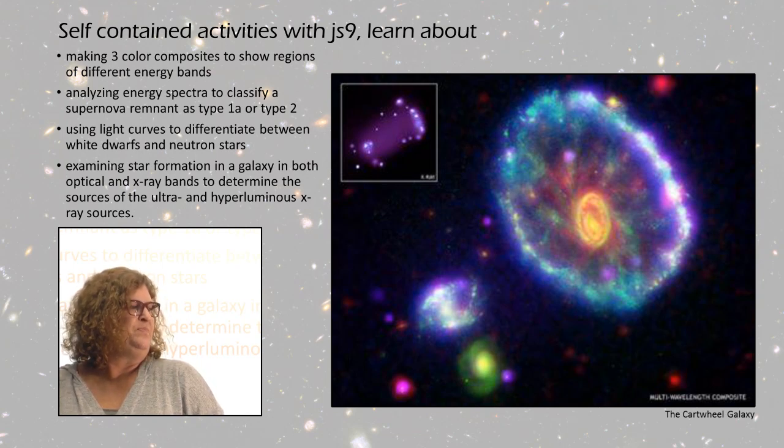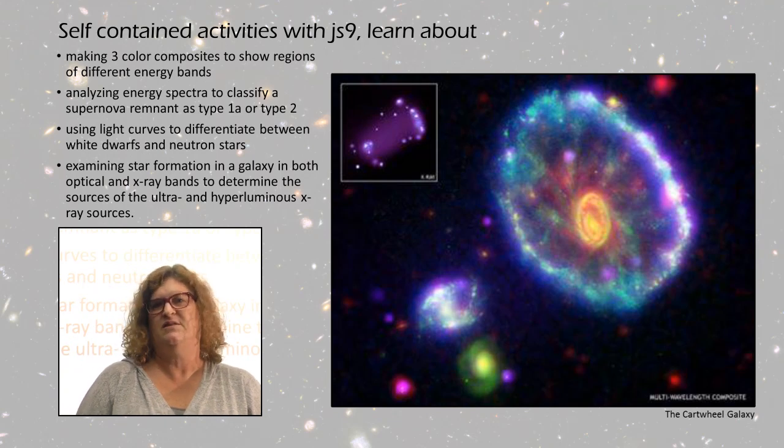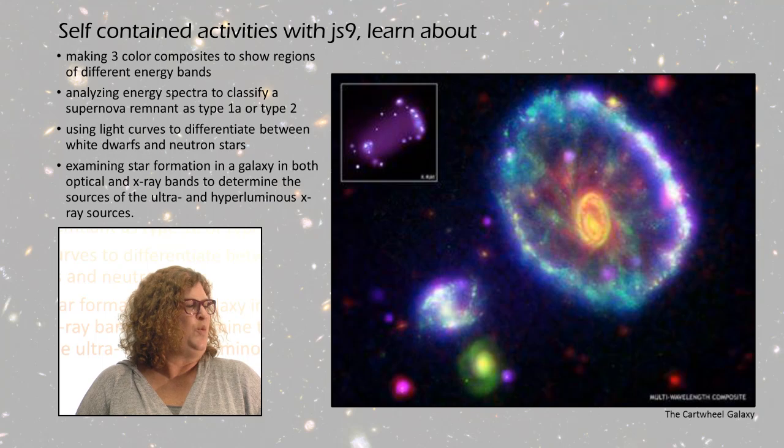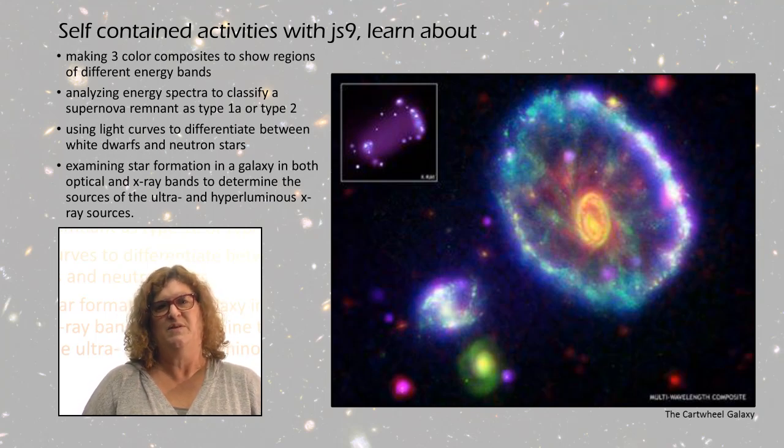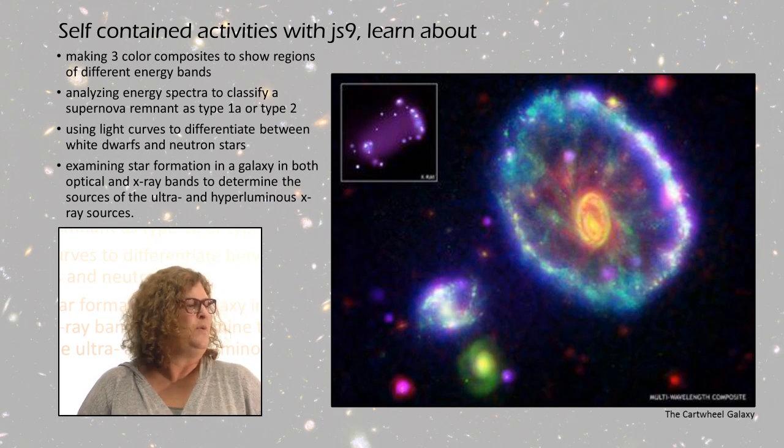So we have one where we're filtering out different information and producing 3-color composites to show different energies. We have another one where we are looking at energy spectra and trying to identify the elements in supernova remnants to classify them as type 1 or type 2.